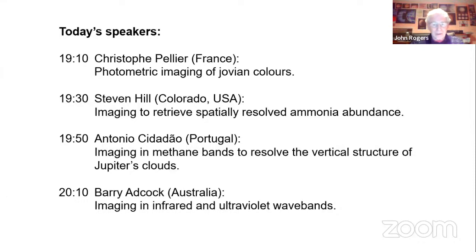But I should mention as a warning that photometric analysis requires that there has been no sharpening or elaborate enhancement of the images, such as is normally done for the sort of beautiful color images that you see. So many of the images that these speakers will show you will look a bit more blurry than usual, but that's necessary for the photometric analysis.